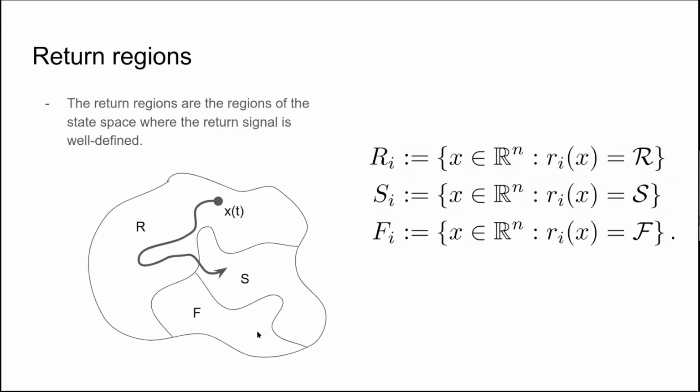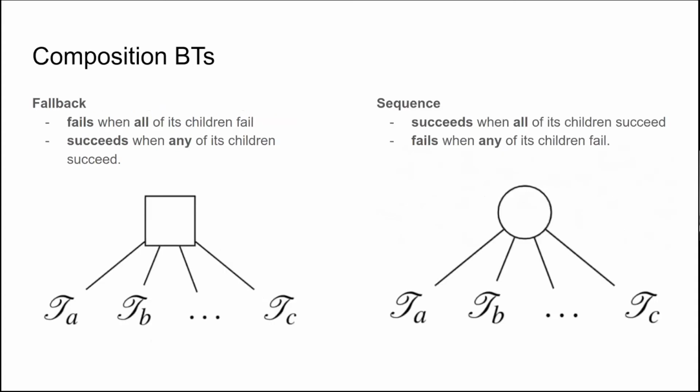And these are separate from each other, and they cover the whole state space. So that means they're pairwise disjoint. And so yeah, we're going to use these regions to define more complex behaviors.